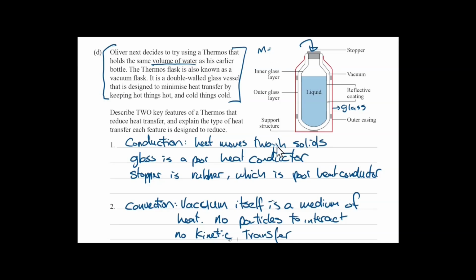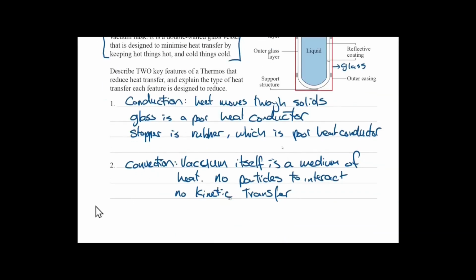The other way, which probably not a lot of students did, was radiation. So the glass is shiny, so there's a reflective coating. The reflective coating here is going to reflect thermal energy.